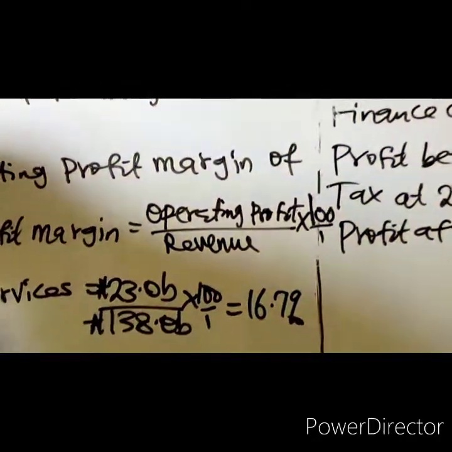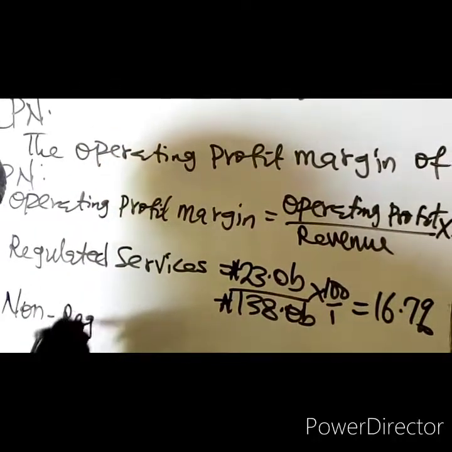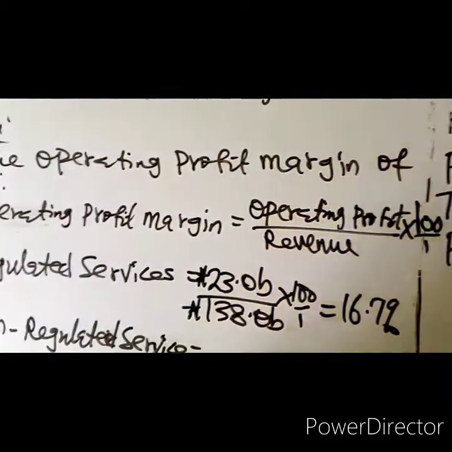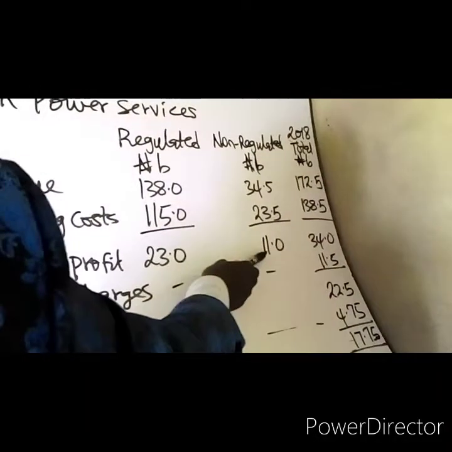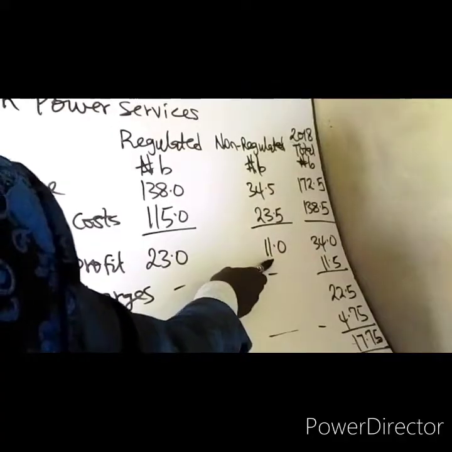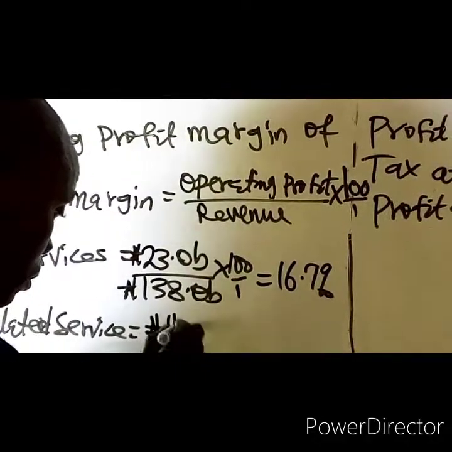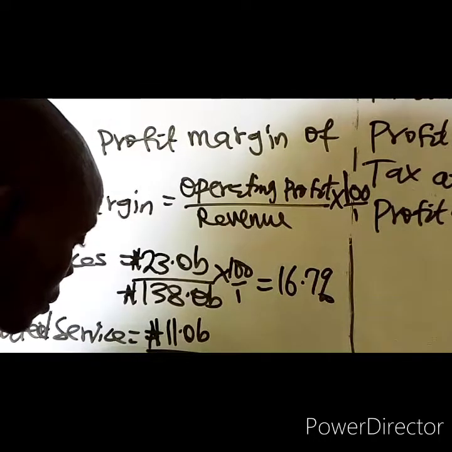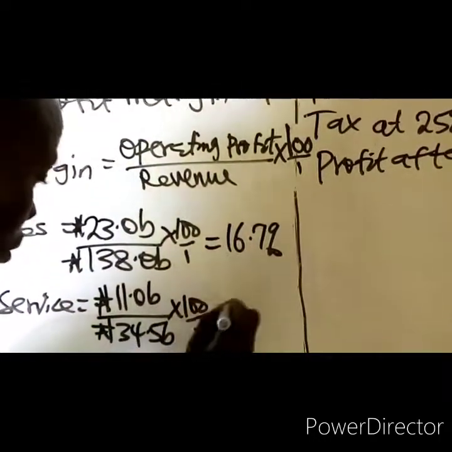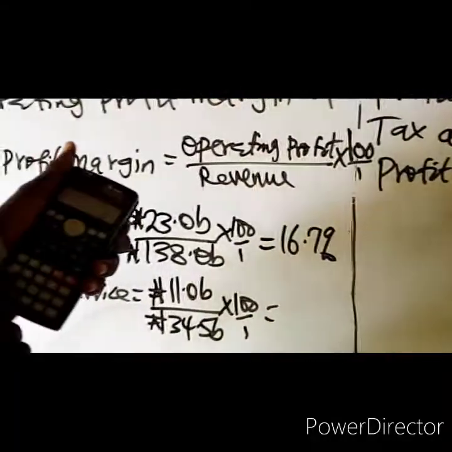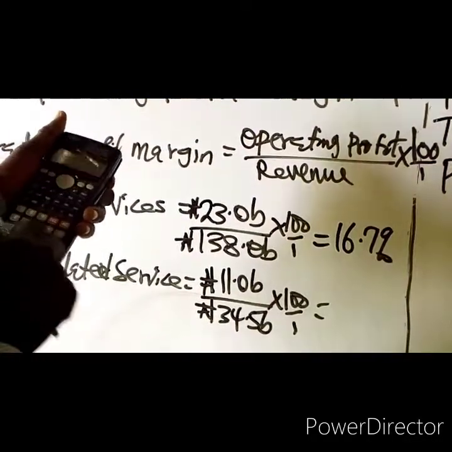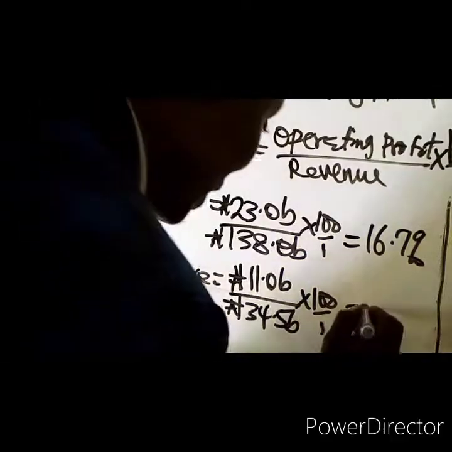Now, non-regulated service. Operating profit from non-regulated service is 11.0 billion and revenue is 34.5 billion naira. So we have 11.0 divided by 34.5 times 100, which gives us 31.9%.